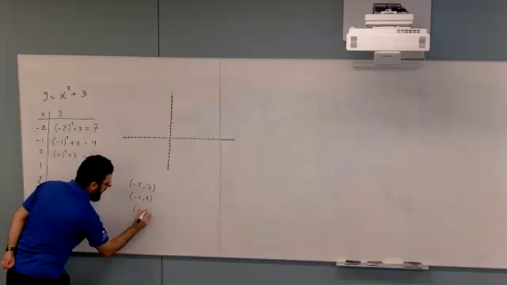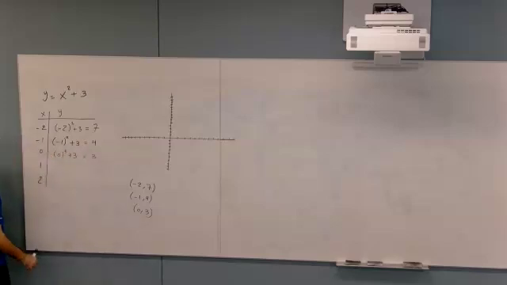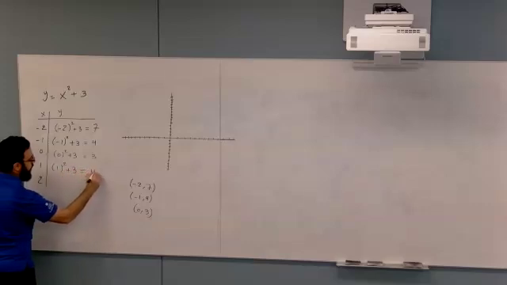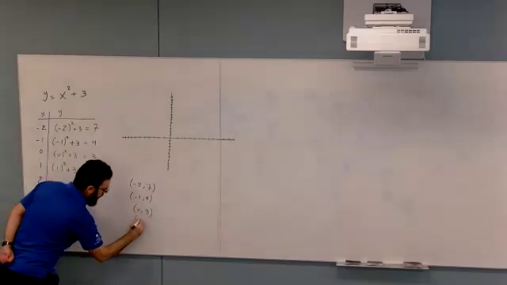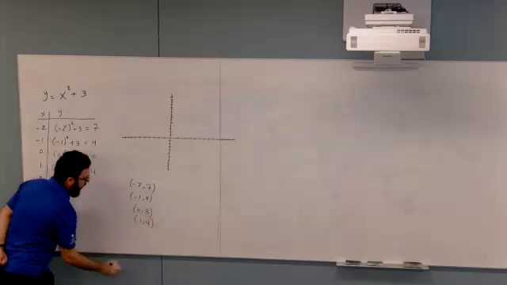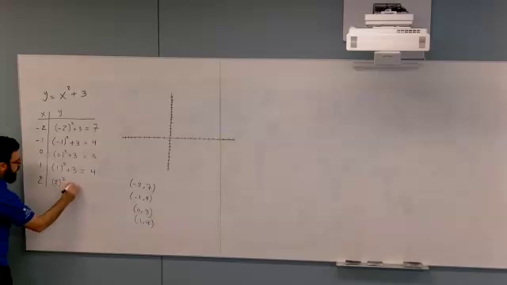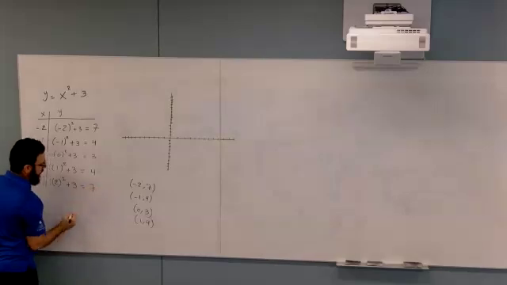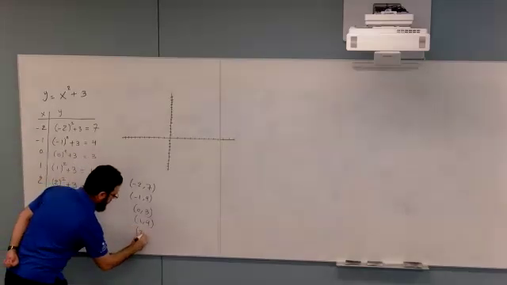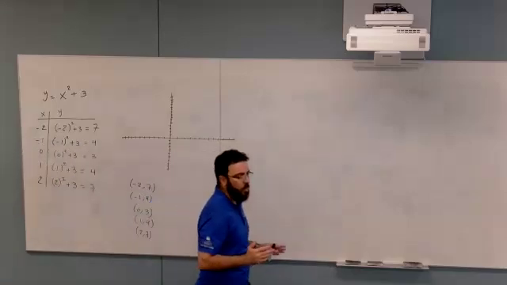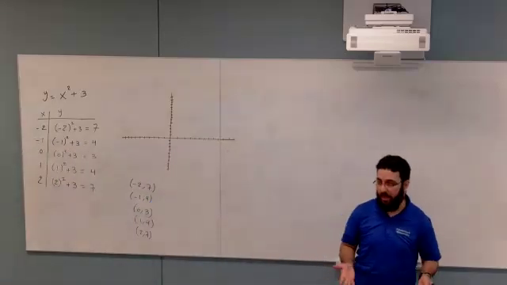Third point is 0, 3. Plug in 1. 1 squared plus 3 also is going to be 4. So it's going to be 1 and 4. Plug in 2. 2 squared plus 3. 4 plus 3. 7. 2 and 7.